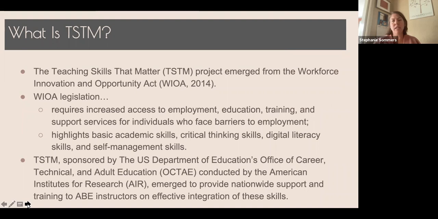And it is a project, like I said, that was developed to support WIOA, the Workforce Innovation and Opportunity Act. Many of you might know WIOA is the source for a lot of our ABE funding at the federal level. And so TSTM was developed as a way to help adults who are developing their skills, and to provide the best ABE instruction.